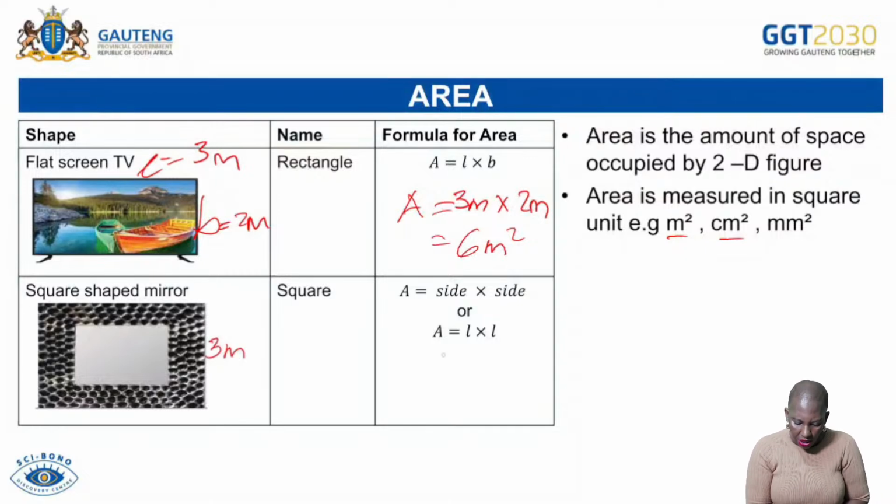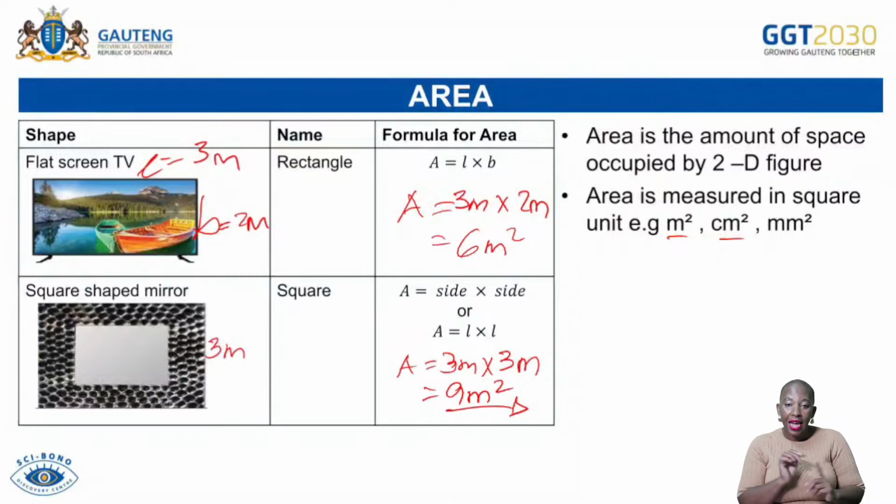Say it's 3 meters. So it can be A is equals to 3 meters multiplied by 3 meters. And then we'll have 9 meter squared. Here I am not adding, but I am multiplying, because one side is 3 meters. That means all the sides are 3 meters each.